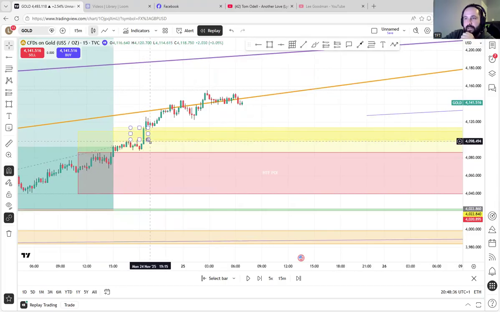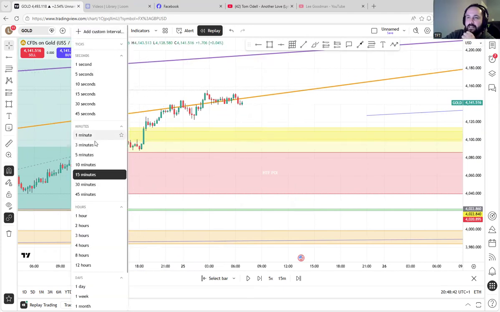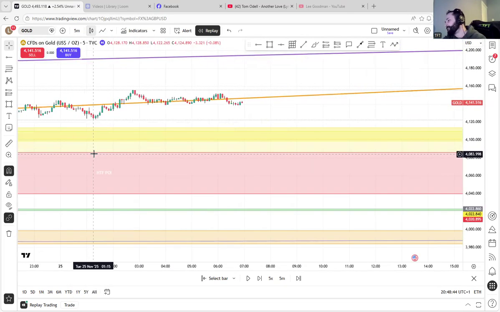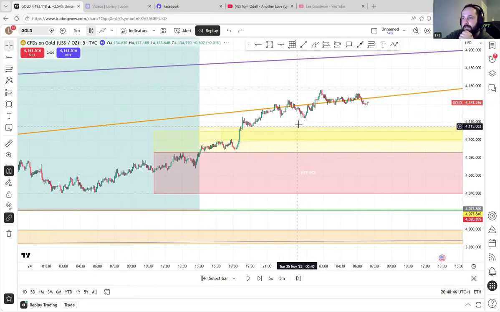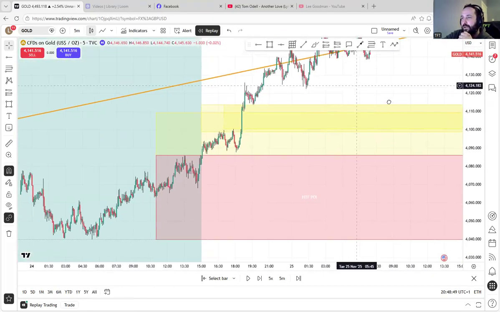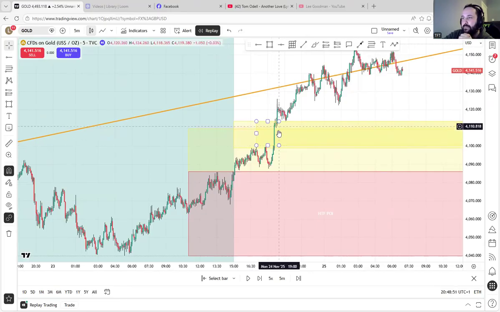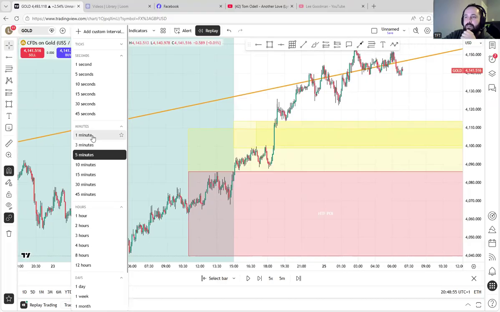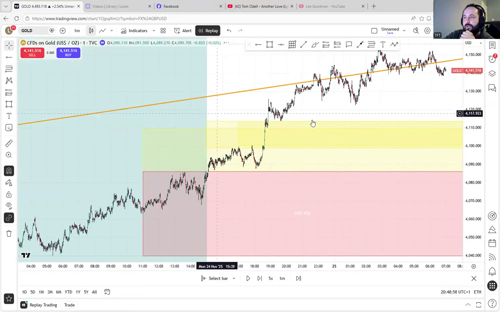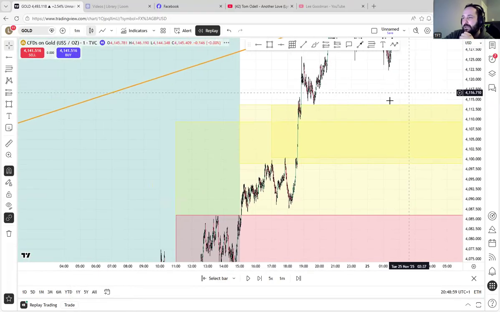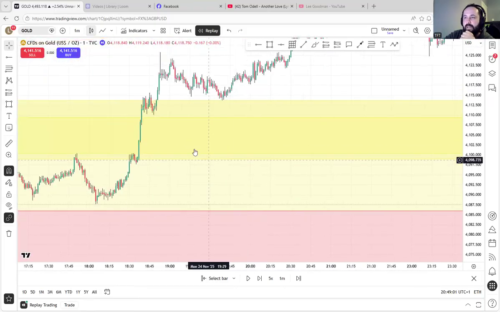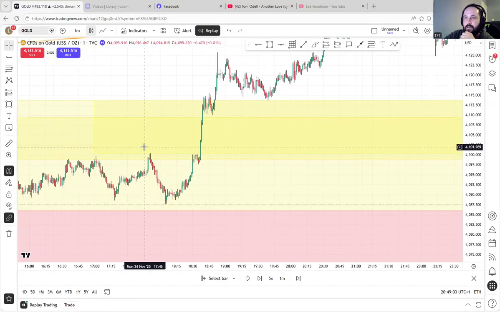I'm going to leave that one because the 15's a touch lower, near enough the same height. The 15's about the same as the five, and then the 1 minute's pretty much about the same.